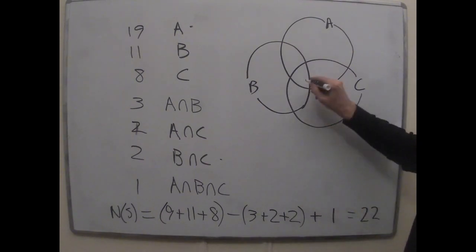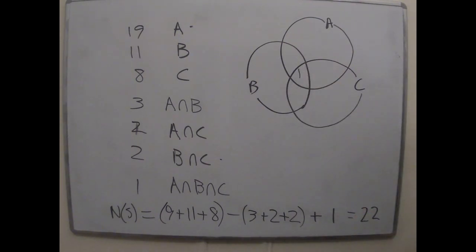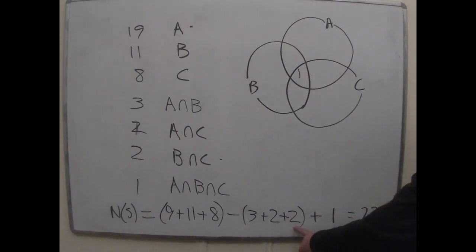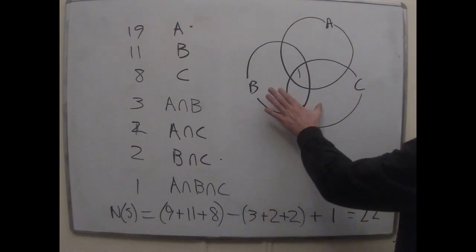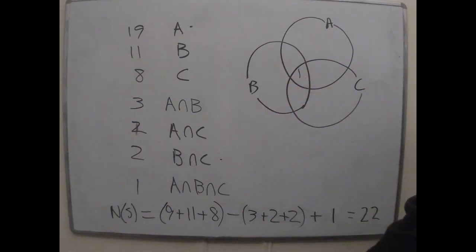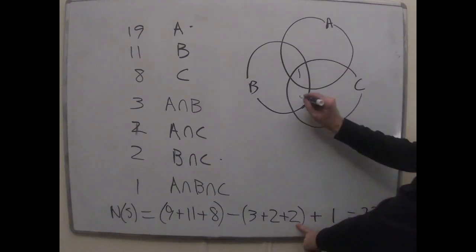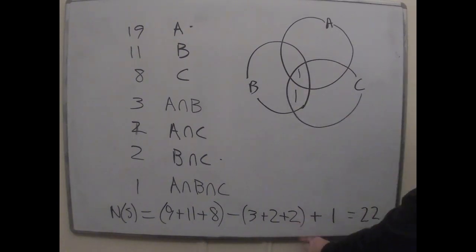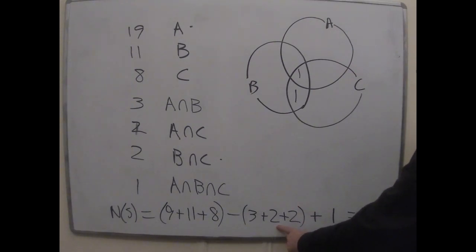So there was one thing that was in the intersection of all 3 sets. There were 2 that were in B intersect C. Well, B intersect C is this region, this football here between B and C. And there's already one thing in it. So if there's 2 total, there must be 1 more in that part. Similarly, this was AC, I believe.